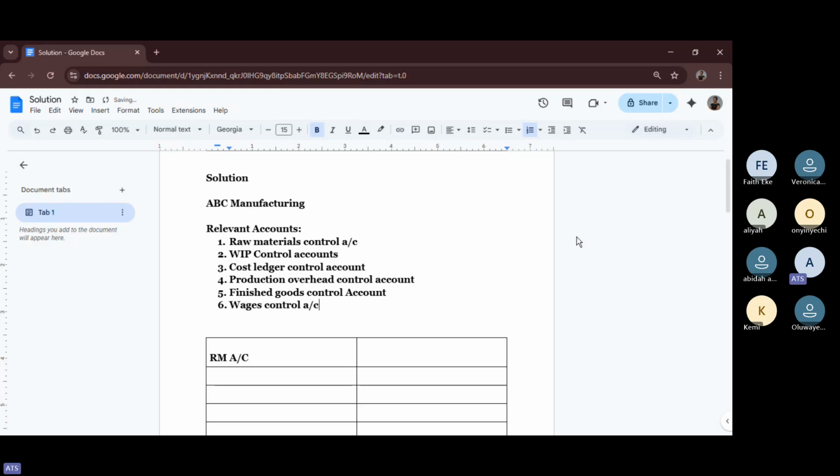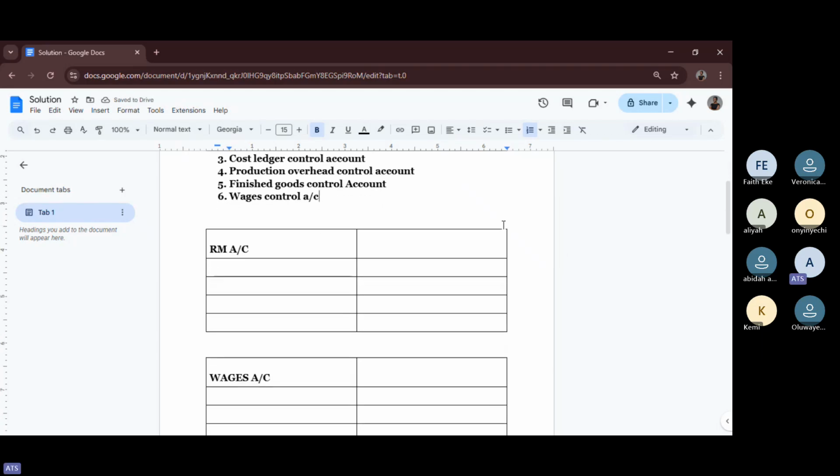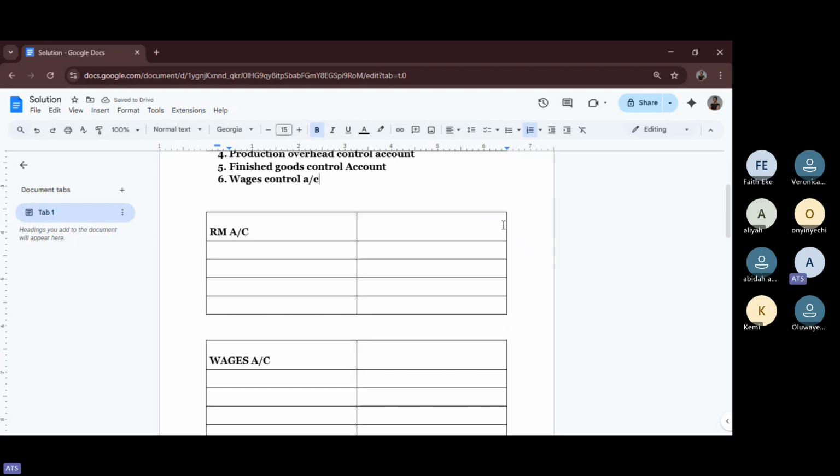Okay, so from the first, what is the first thing we are told? Is anybody still with me? Yes, ma'am. So we have opening inventory, raw material, 60,000, right? So let's call it balance forward. That'll be 60,000.